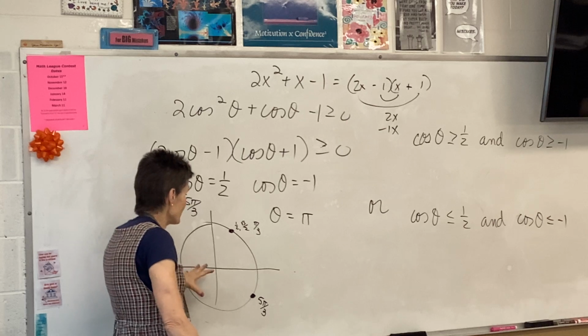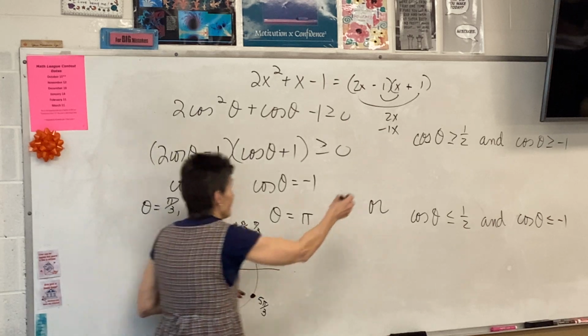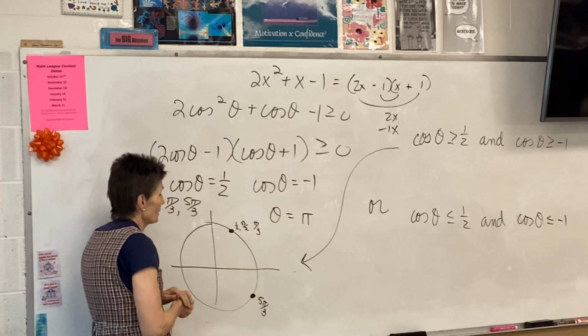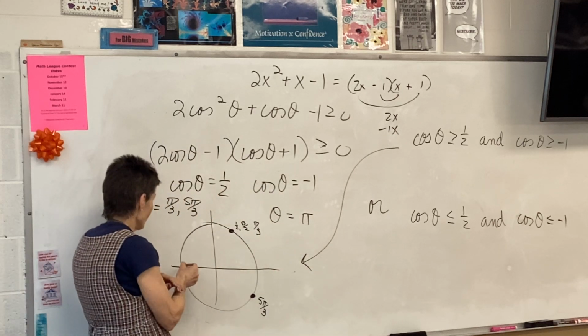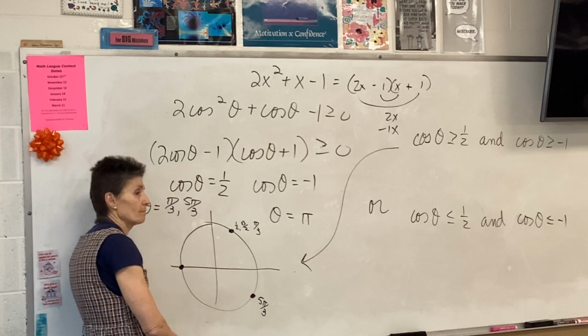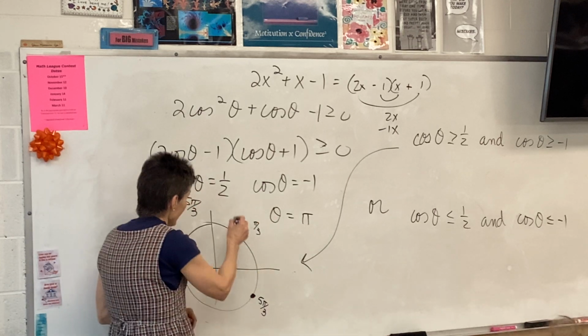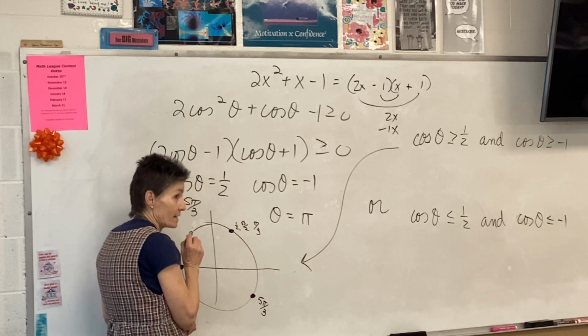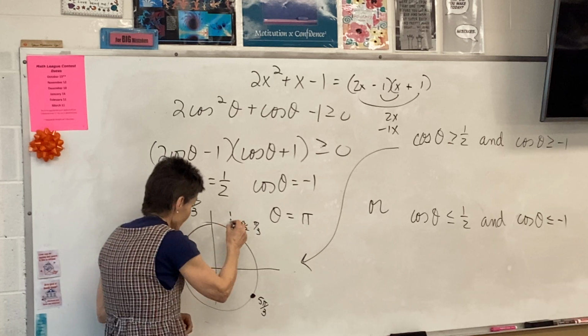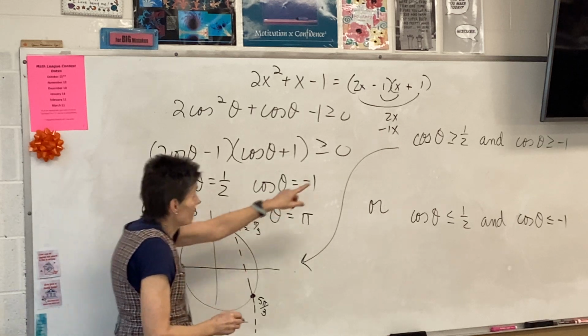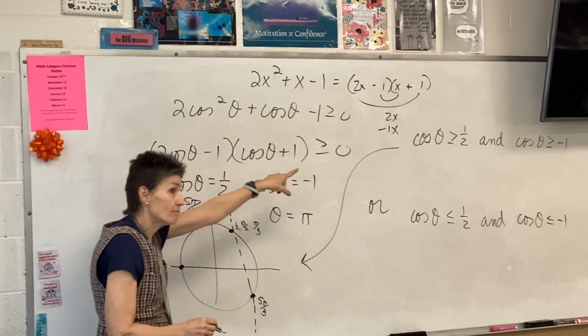Okay, well, I've already got my circle started here, so I'm going to do this case right here on this circle. And then over here's pi. So if I want the cosine here, cosine now is an x value. So I got a vertical line. And I want to be bigger than 1/2.